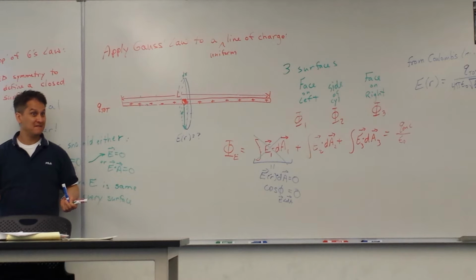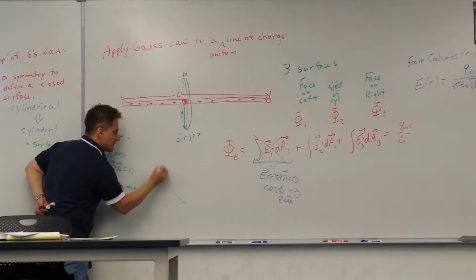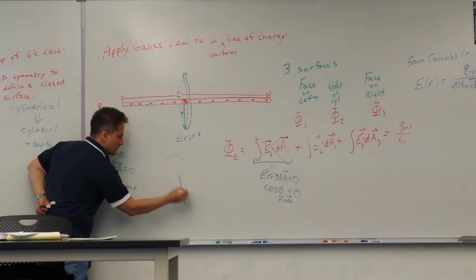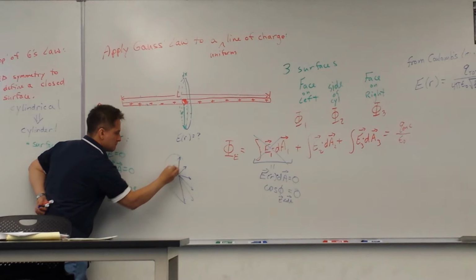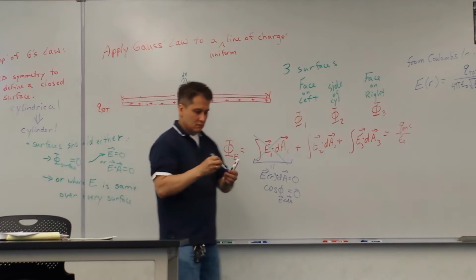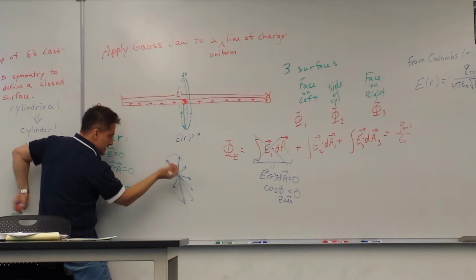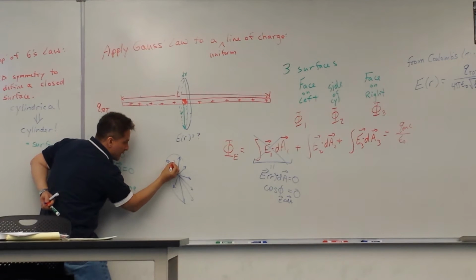Trying to visualize what you're talking about here. If you're looking at the one face, relative to the center, E is radial, right? So to me, that's 0 degrees or 180 degrees. No, it's 90 degrees, because for any chunk dA, and this is a cylinder, so maybe we'll pick a little chop that looks like this, a little square, dA.